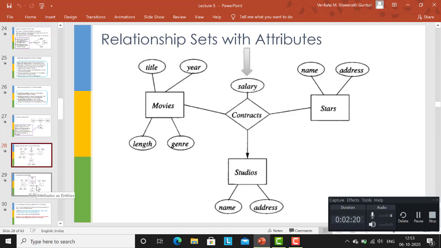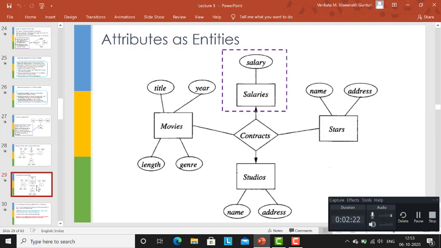Okay, forward. Sometimes your attributes can also be entities. So this is a slightly different kind. So here contracts is a relationship between movies, stars, studios and salary, right?